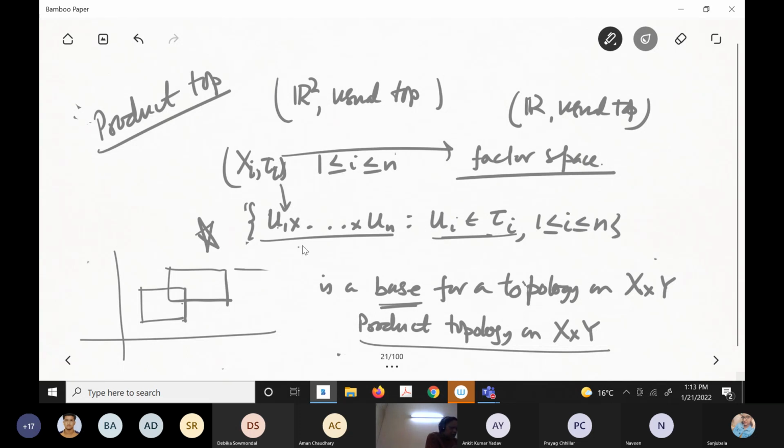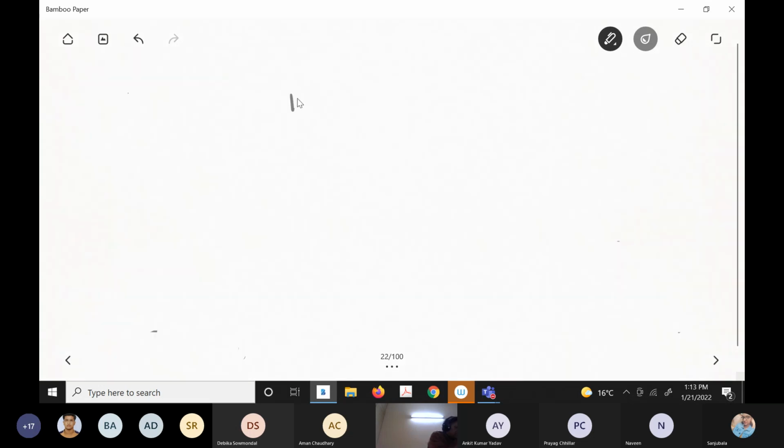Now look, what will be the natural thing? When we go from R square to R, what natural thing do we get? If you have x, y, I have one projection, that is x, 0. That means y we are putting to 0, x goes to x.